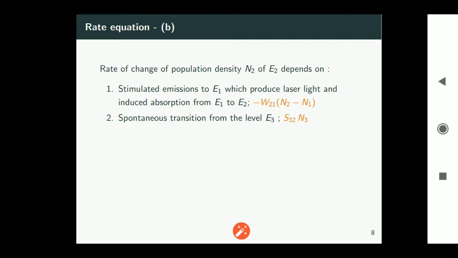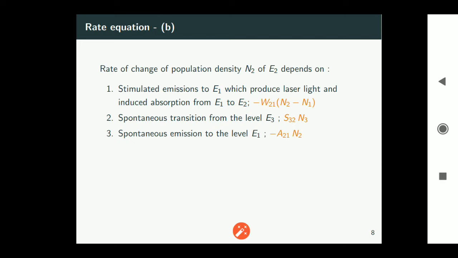Spontaneous transition from the level E3 to E2 actually increases the number of particles in energy level E2, therefore it carries the positive sign, S32 N3 here. And spontaneous emission to the level E1 from E2 decreases the number of particles in the level E2, therefore it is associated with a negative sign.